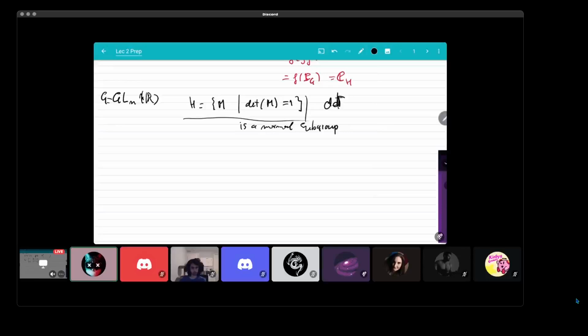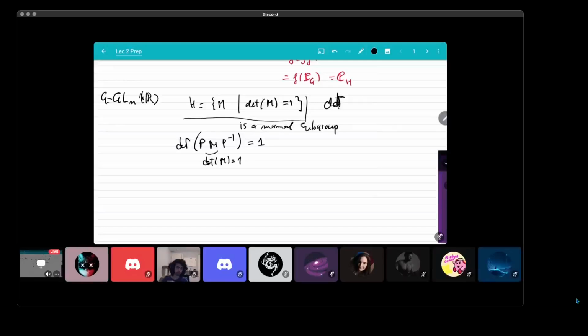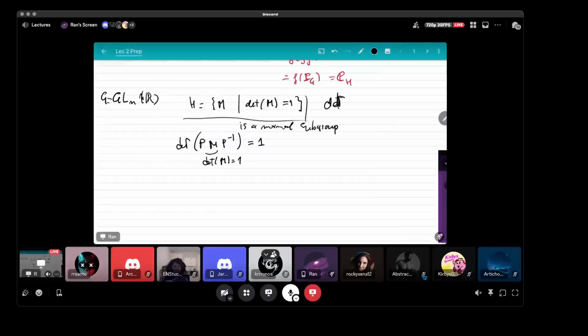What this means, more concretely and less abstractly, is that if you have a matrix M that has determinant 1, the determinant of its inverse is also 1. And you may have seen that already in matrix computing courses or readings.